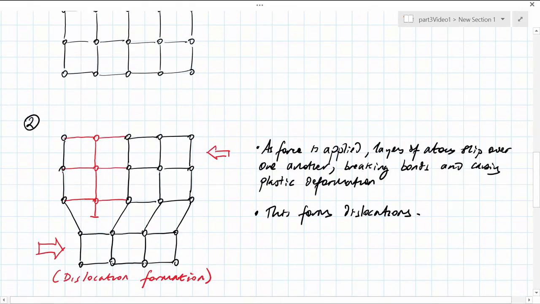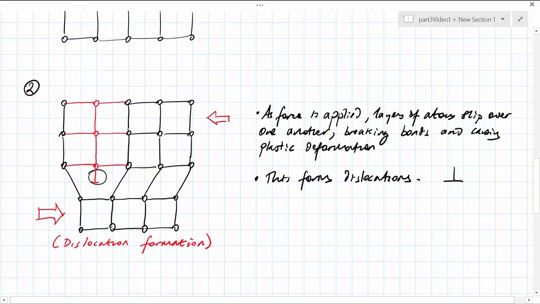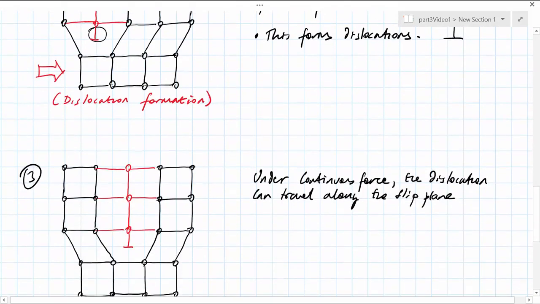As force is applied, layers of atoms slip over one another, breaking the bonds, causing plastic deformation. You can see here that the bond has been broken, and this forms what we call a slip dislocation. This dislocation is indicated by this symbol that looks like an upside down T. As we continue to apply the force, the dislocations travel along a plane.